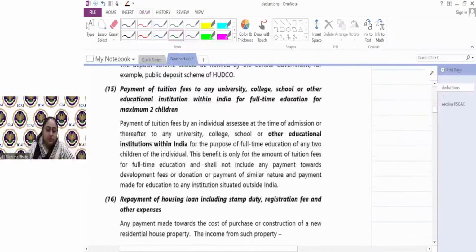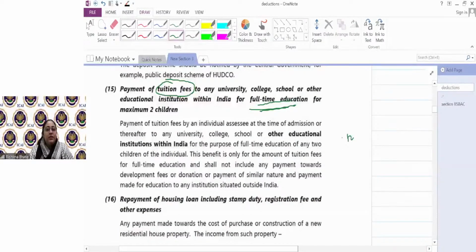One is tuition fees. This is not the tuition fees of your coaching or the tuition fees which you pay for evening classes. This is the tuition fees which is an element of the fees of a full-time education. If you have seen the fees of a school or any university, guys, there are multiple elements in the fees.